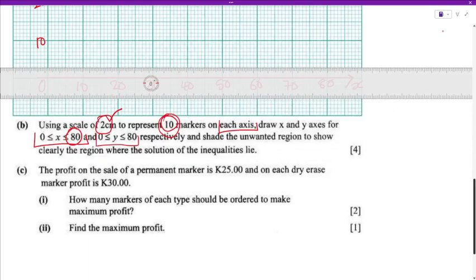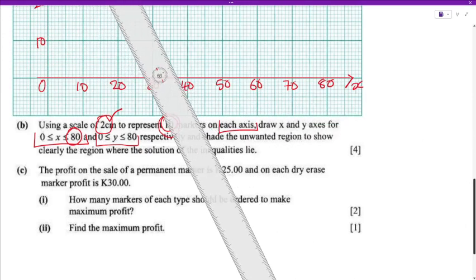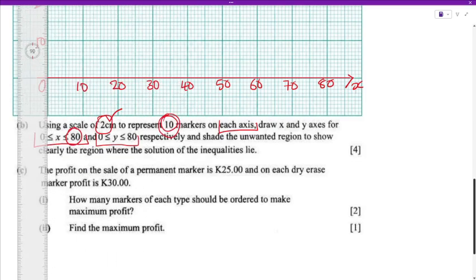Then we can draw our y axis line. Let me just turn this ruler. Put it at 90. We put it right there.